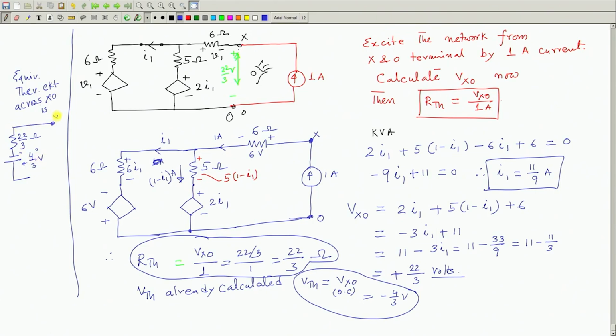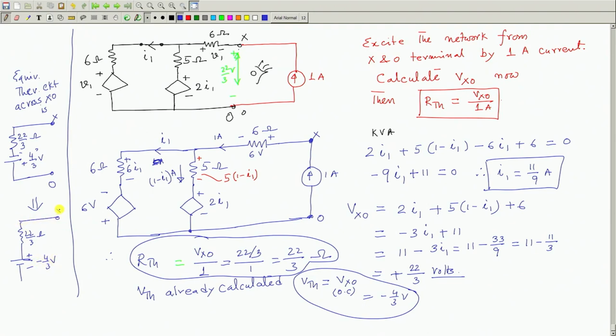And this is your point X and this is your point O. Whatever impedance you now connect, you will be able to calculate the current. Alternatively, what you can do is this 22 by 3 ohm, Thevenin's resistance does not pose any problem. V Thevenin's with this polarity you only write, but while writing this magnitude you must write this is minus 4 by 3 volt.